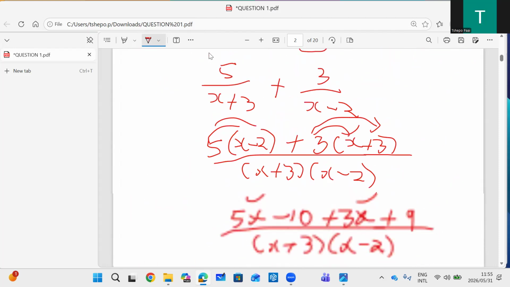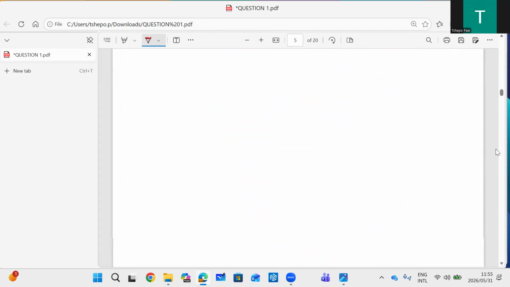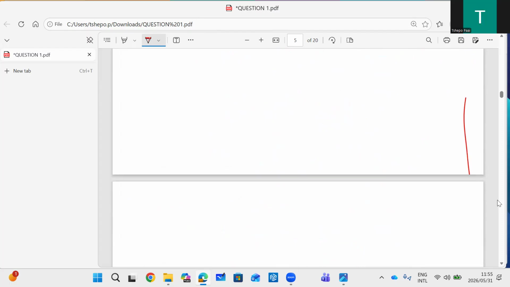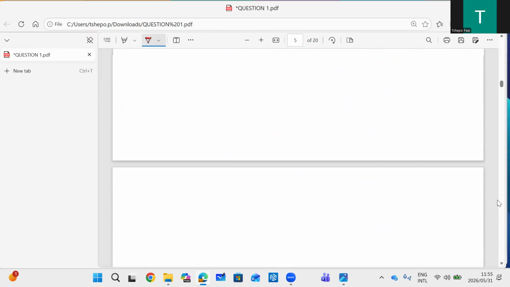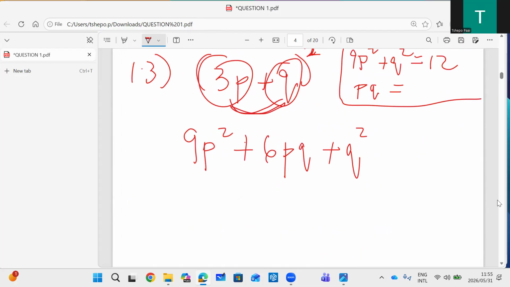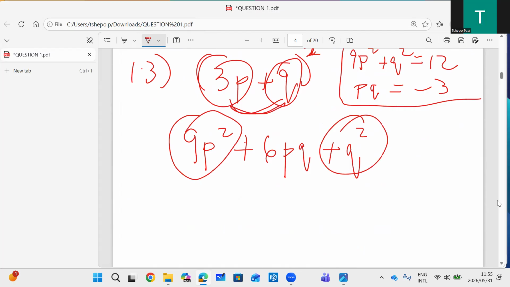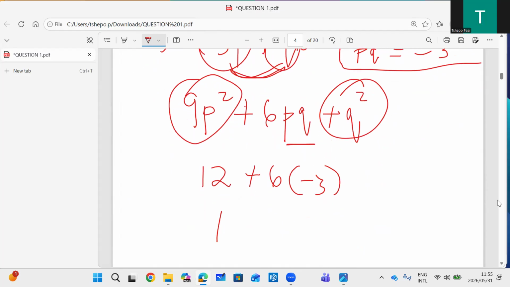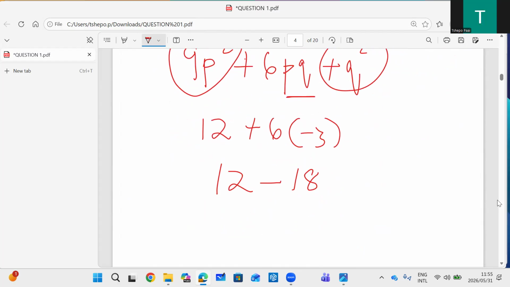So let's go back. pq equals minus 3. So if you replace it, 9p squared plus q squared is 12, plus 6 times pq, which is minus 3. 6 times minus 3, it's minus 18. 12 minus 18 is minus 6.